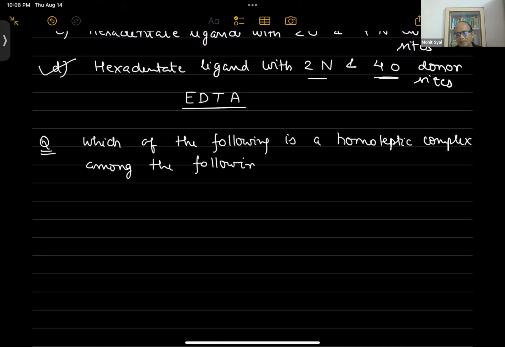And this is very easy to see. In the square bracket, if you have just one kind of ligand, that is homoleptic. And if you have two different kinds of ligand, that is heteroleptic.